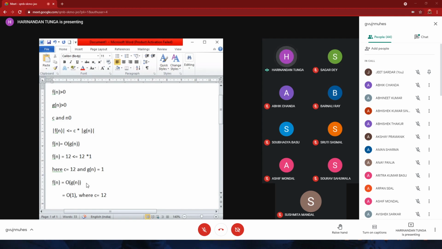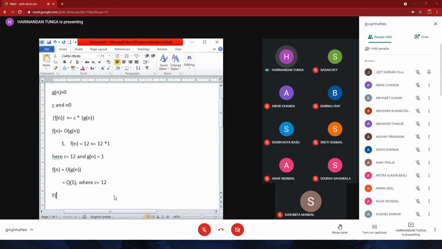Now this is another example, example 1. The linear equation. Say f(n) equal to 2n plus 5, the total execution time of an algorithm.